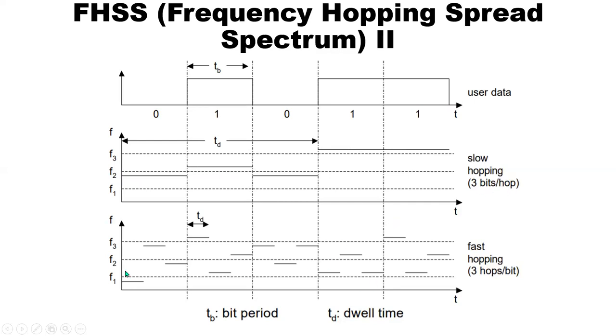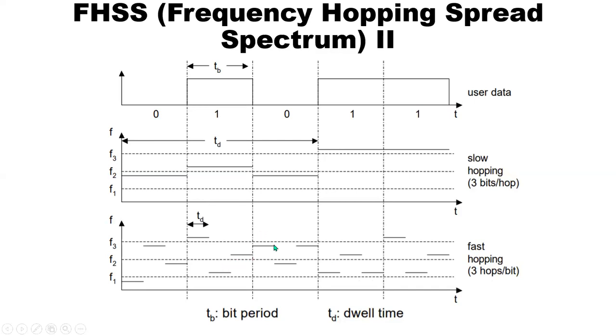Coming to fast hopping, here 1 bit is transmitted using several frequencies. In this example, I have taken 3 frequencies for transferring 1 bit. For the first bit 0, it is transmitted using F1, F3 and F2. Now the second bit 1 is transmitted using F3, F1 and F2.